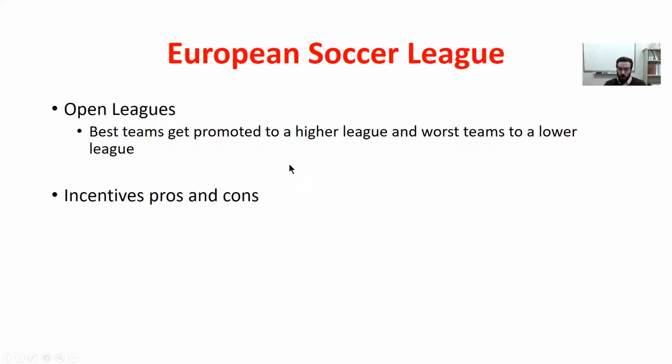Let's think about the pros and cons. So one thing this is going to do is ensure that every year your high quality league has higher quality teams, providing a higher quality product. You can also think about it within each one of those leagues, both the higher and the lower quality league, the teams that are playing each other are going to be more evenly matched.